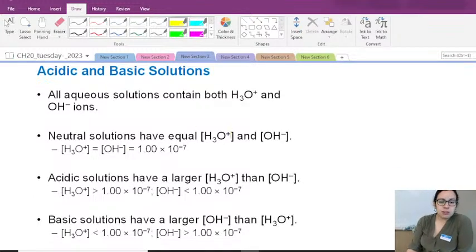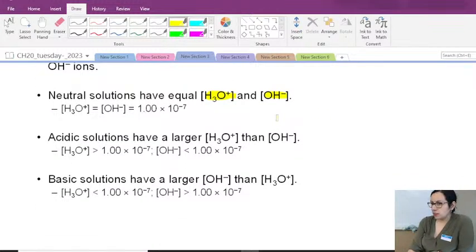Neutral solutions have equal hydronium and hydroxide. If something is acidic, it has more hydronium in solution than hydroxide. If it's basic, it has more hydroxide than hydronium.